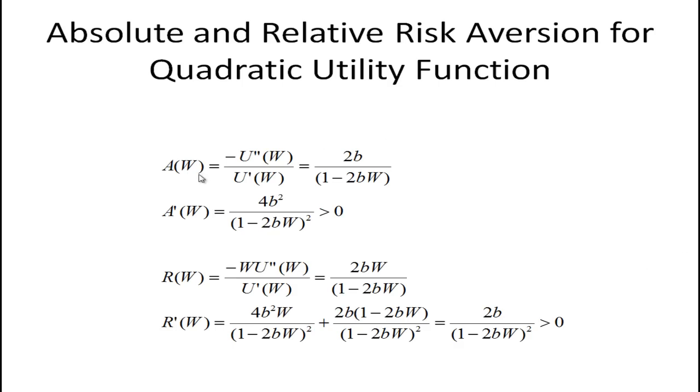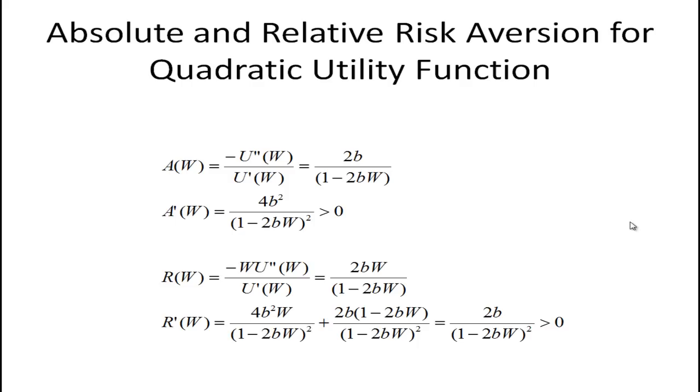So the absolute risk aversion is going to be minus the second derivative of the utility function divided by the first derivative of the utility function. And we get 2B over 1 minus 2BW. If we take this derivative, we get 4B squared over (1 minus 2BW) quantity squared, and that's positive.